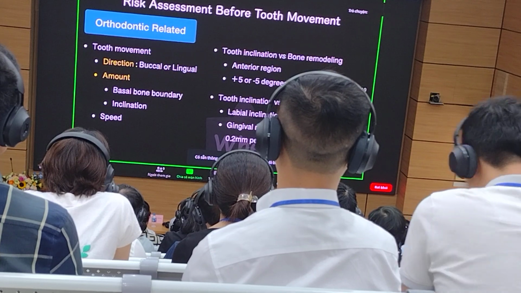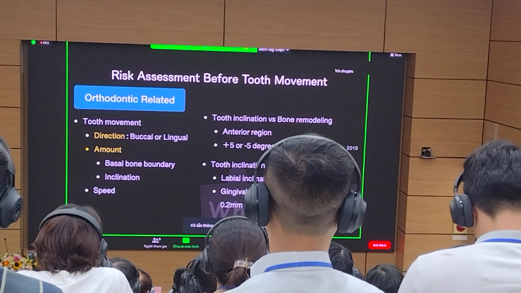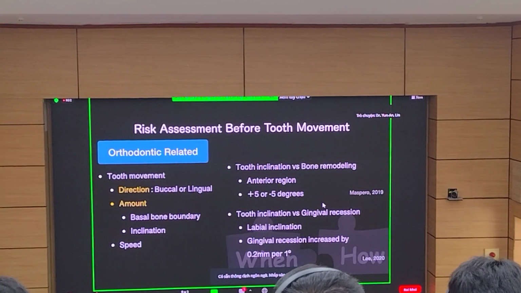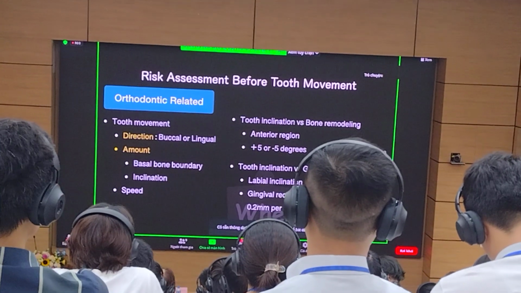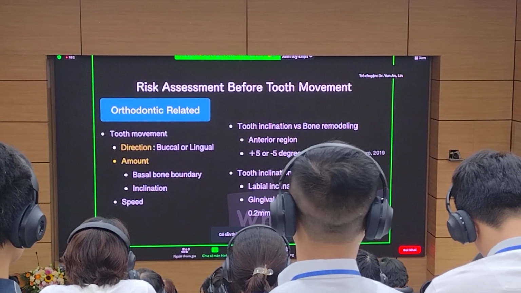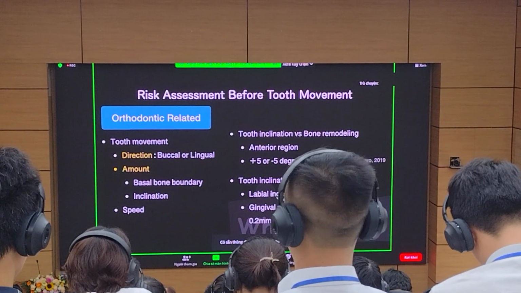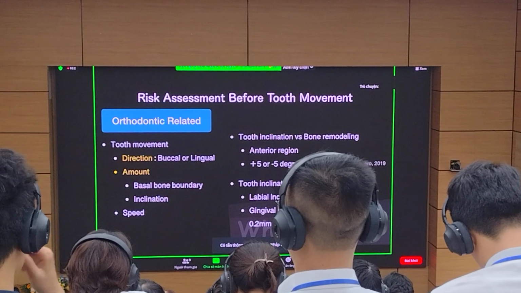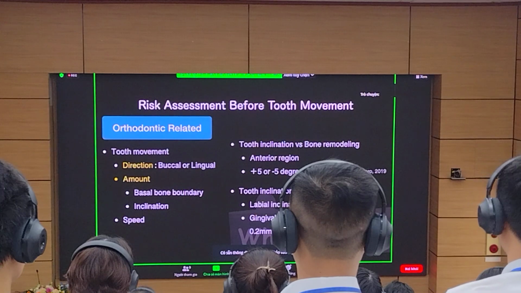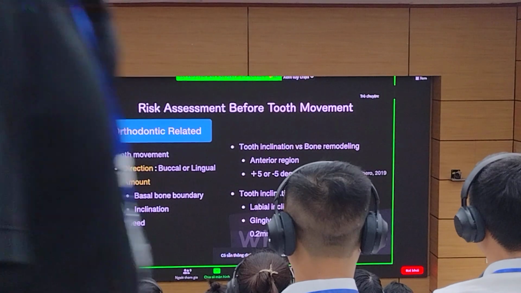They found that tooth inclination had a significant association with gingival recession. And as tooth inclination increased labially, gingival recession increased by approximately 0.2 millimeter per 1 degree. As a result, if the orthodontic treatment plan has to change tooth inclination a lot, we should be aware of the periodontal condition before orthodontic treatment, during the orthodontic treatment, and in the post-treatment follow-up, especially in thin periodontal phenotypes.